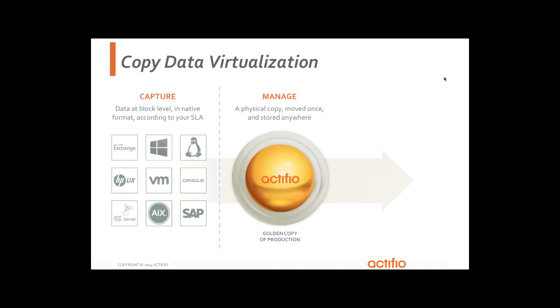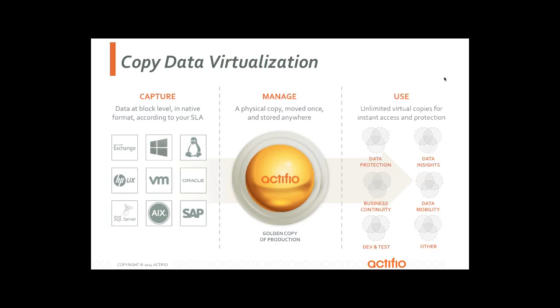And then once it has this, what we call the golden copy of the data, we manage that and provision it in such a way that we can almost instantaneously offer you multiple copies of the same production data virtually, so that you could use those virtual copies for many different use cases such as business continuity, dev test, analytics, and of course data protection.